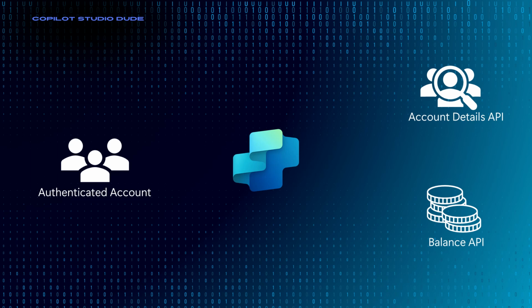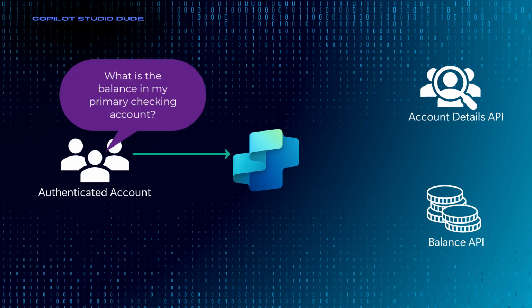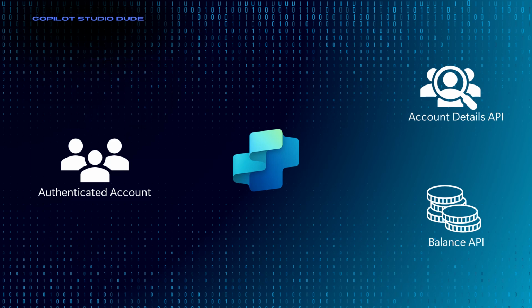Imagine if I had an authenticated user, notice that on the left here, and they ask this Copilot Studio implementation a very simple question, such as, what is the balance in my primary checking account? Well, just because I'm authenticated doesn't mean that I know what the account number is to be able to get your balance.